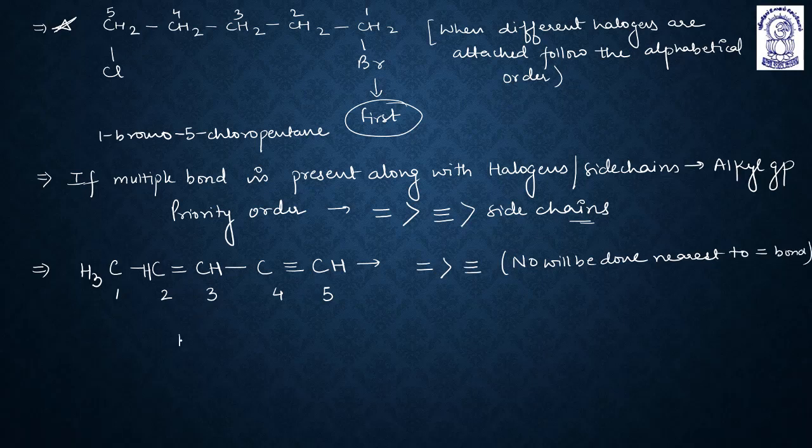So it is pent-2-ene-4-yne. This will be the name if we have both a double bond as well as a triple bond.